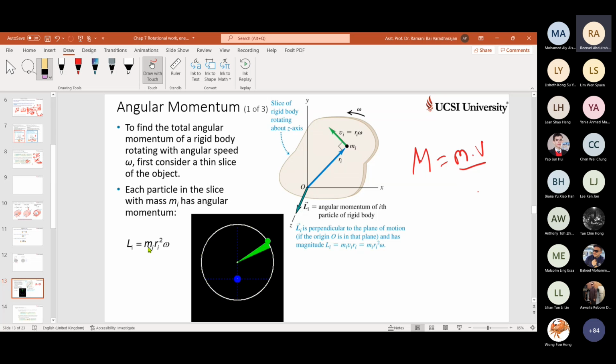Come here. What is V? Can we write V in terms of R and omega? V is equal to R omega, correct? Check your formula sheet.